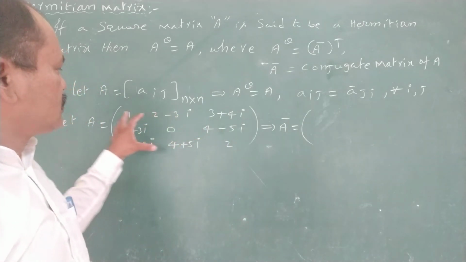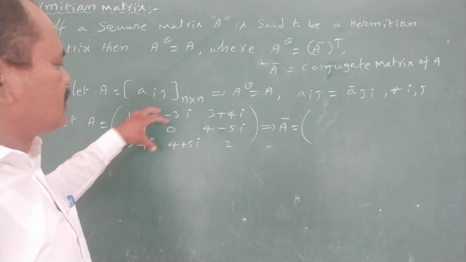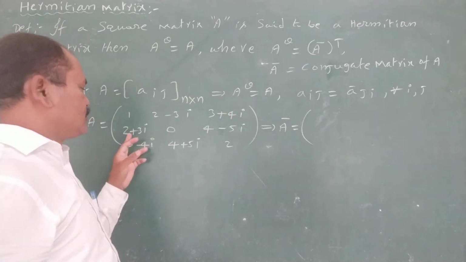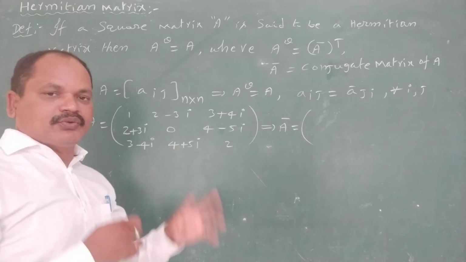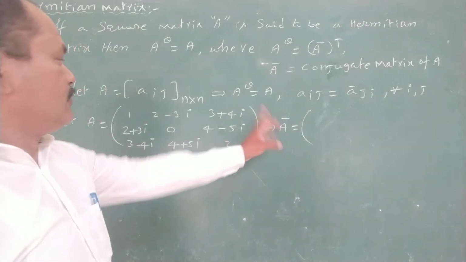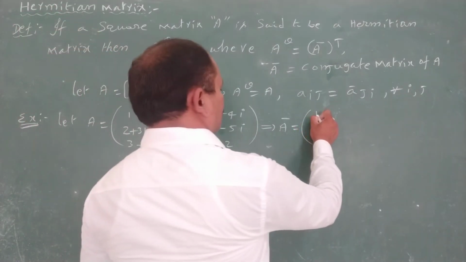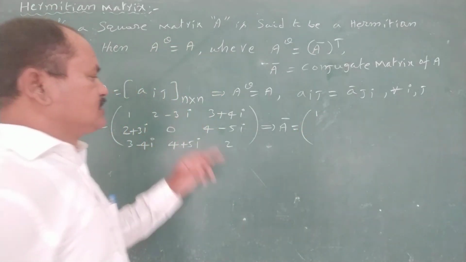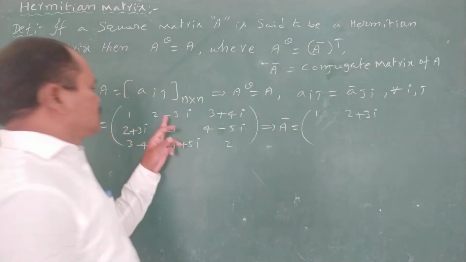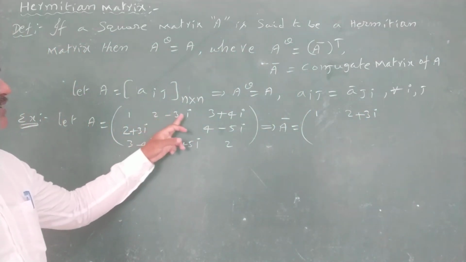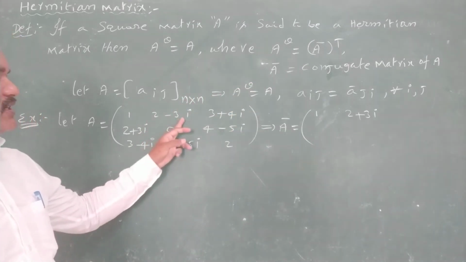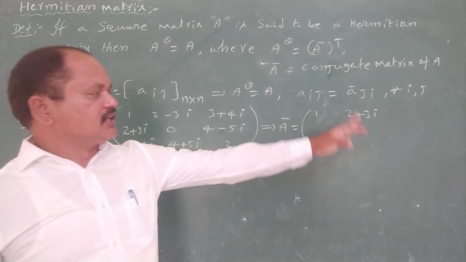Now we have to write the conjugate of this matrix, that means we have to write conjugate complex numbers. So A bar is equal to: here it is 1, here it is 2 plus 3i. Since the conjugate of a plus ib is a minus ib, the conjugate of 2 minus 3i is 2 plus 3i.